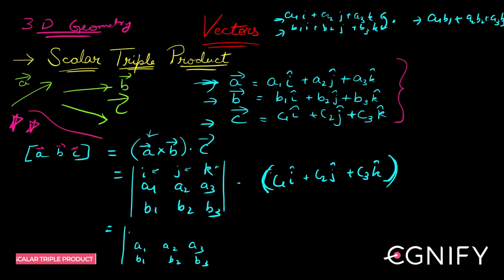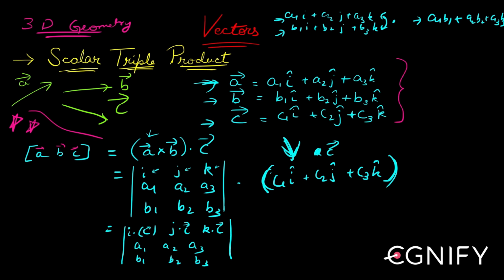So you will have I dot this part. So let this vector be, this is your C bar, right? So I dot C bar, and then you'll have a J dot C bar, then you'll have a K dot C bar. If I dot this with I, then what will I get? I'll get C1. If I dot this with J, then only C2 will come out, right? So I'll get C2. If I dot this with K, then I'll be only getting C3, right?